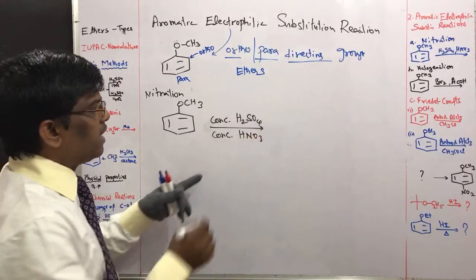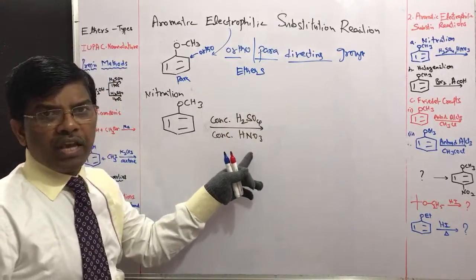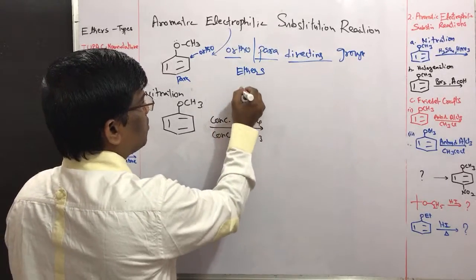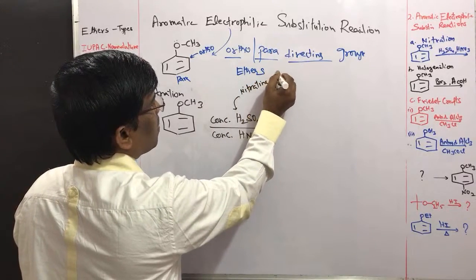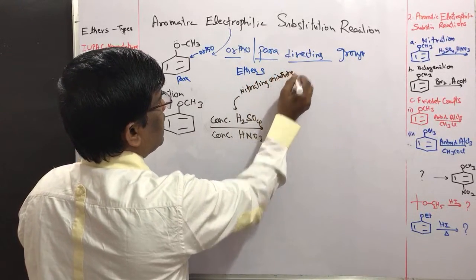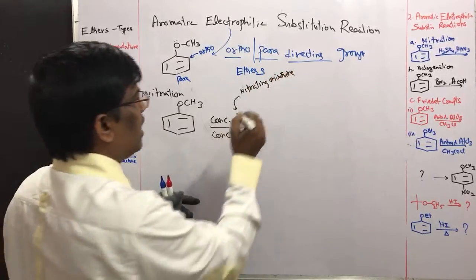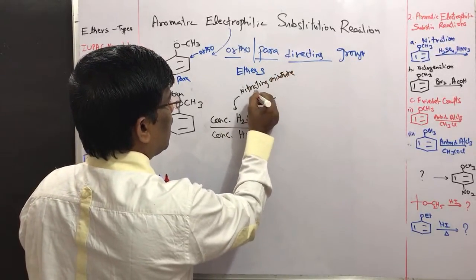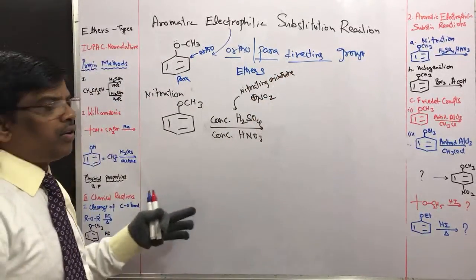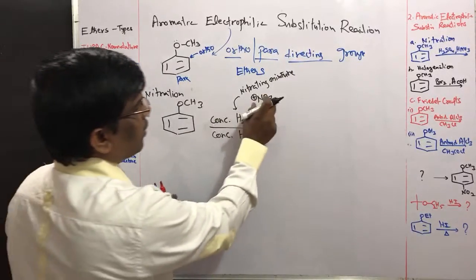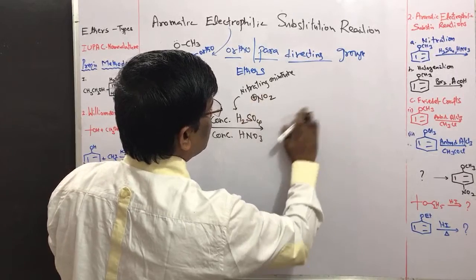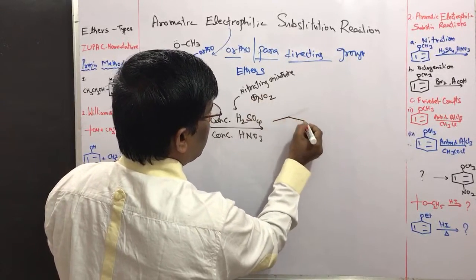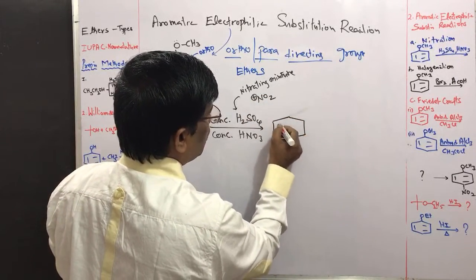These two are known as the nitrating mixture. Please remember this, nitrating mixture. This nitrating mixture generates the NO2 electrophile, and I am going to give the mechanism. With the NO2 electrophile, nitration takes place at 2 positions.